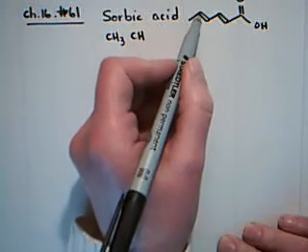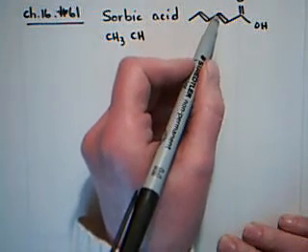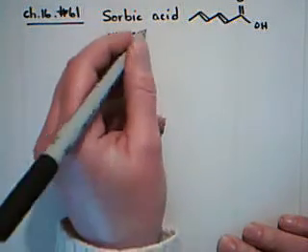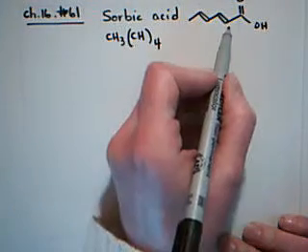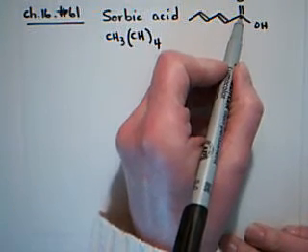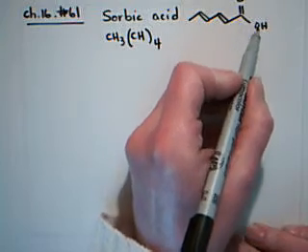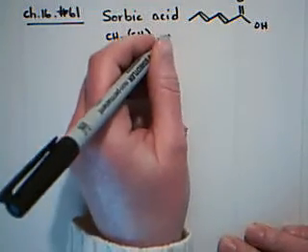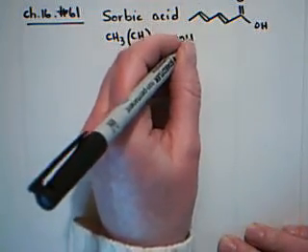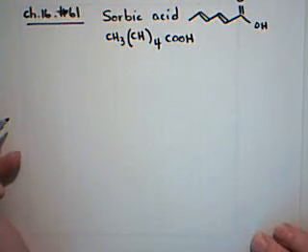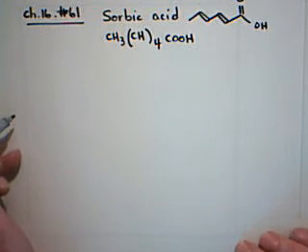So it's CH3, CH, CH, CH, CH, 4 times. That brings us to here. And then this carbon we write as C and continue OOH. All right? So there it is. That's my sorbic acid.